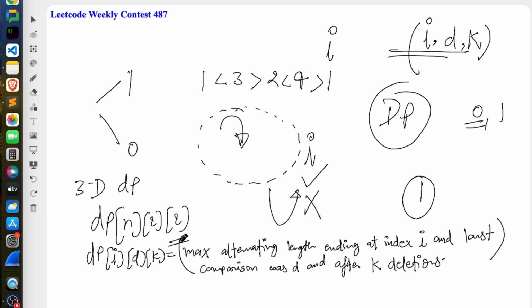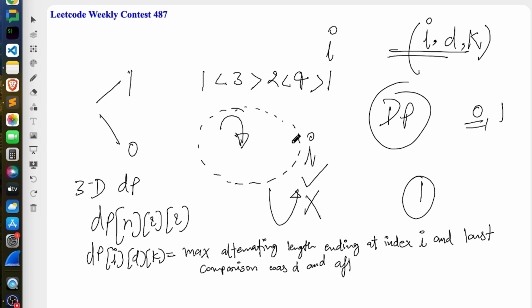So always try to spend some time to find the correct states and the definition of DP. So this is the definition of my DP I, D, K: the max alternating length of any subarray that ends at index I and the last comparison was D, after K deletions, right?